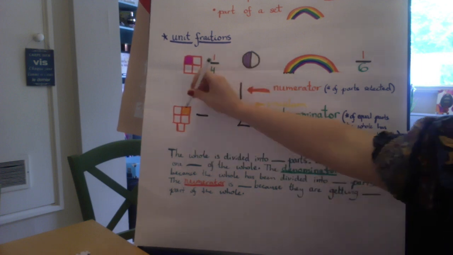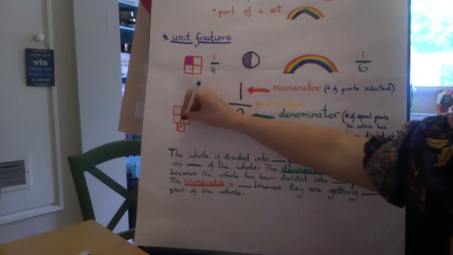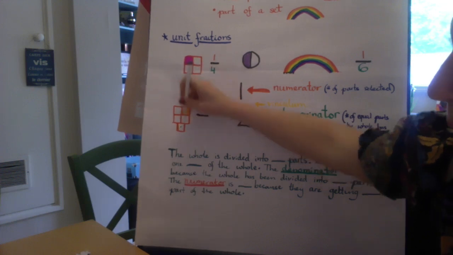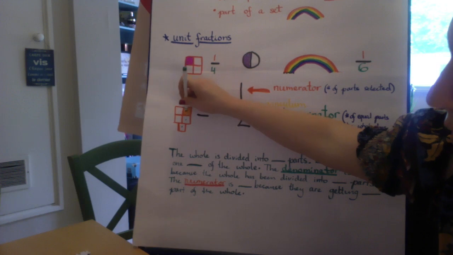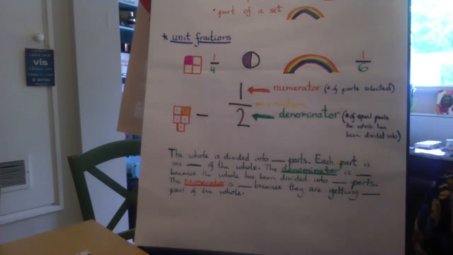Now remember, some of them might be selected, but those still count. So if you want to make sure you're doing accurate counting, you can always just put a dot so you know you've counted that part. I'll count it again. 1, 2, 3, 4, 5. So I know that my whole has been divided into 5 equal parts. So I know that the denominator is 5.